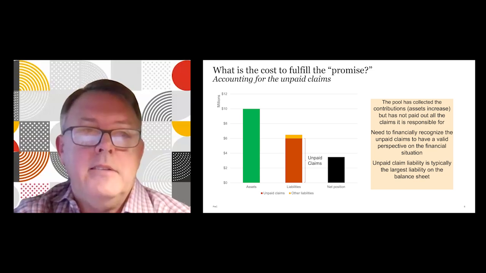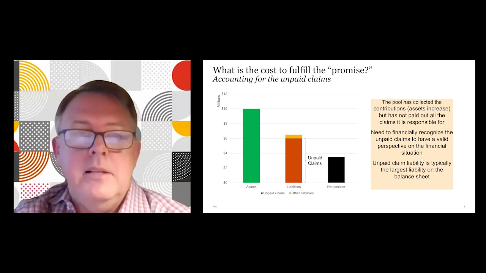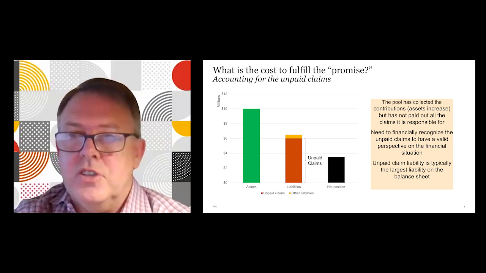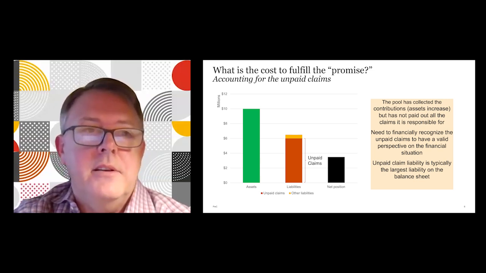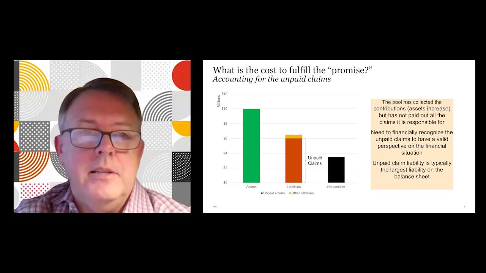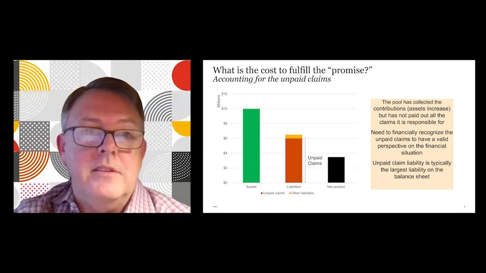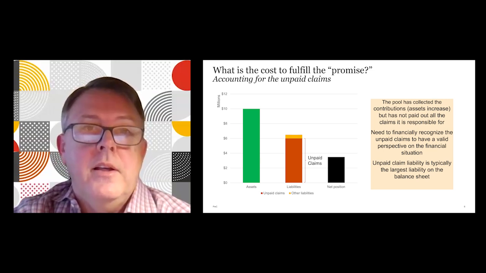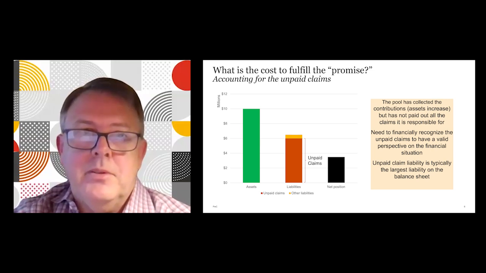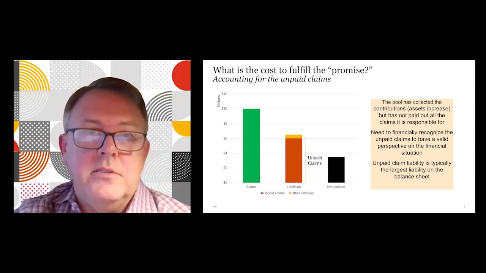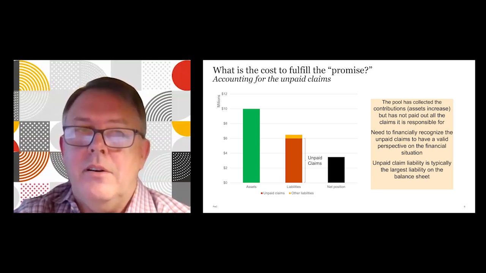So again, assets minus liabilities equals net position. And so a pool has assets, it would have liabilities, and it has this net position. Well, the pool has collected this money from their members, and so their assets have increased, but not all the claims that they're responsible for have been paid out.